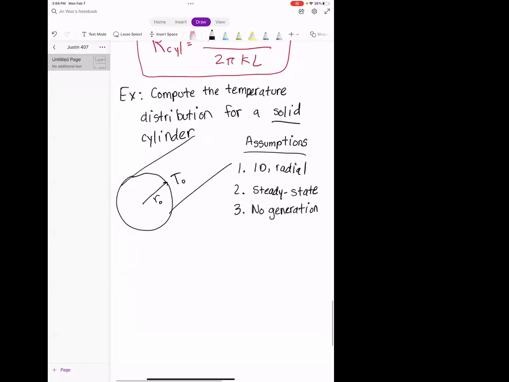Before we start solving it, let's write out our boundary conditions. It's pretty straightforward. We have a prescribed temperature at the radius, so T of RO is equal to TO.